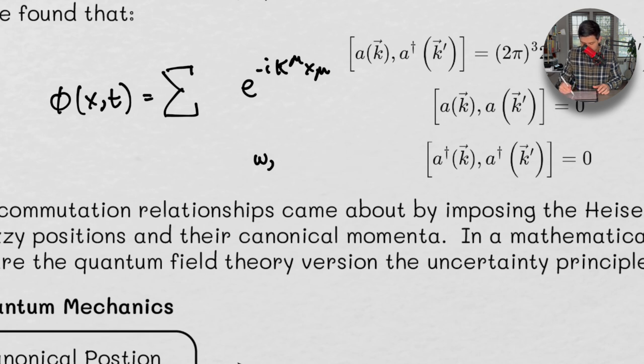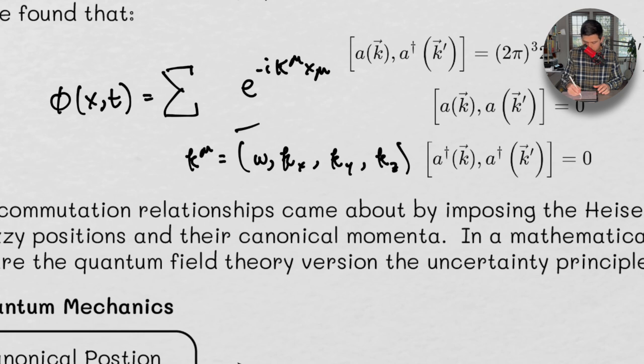We can actually write this as k x, k y, and k z, right? And this is equal to our k mu, which is this guy up here.